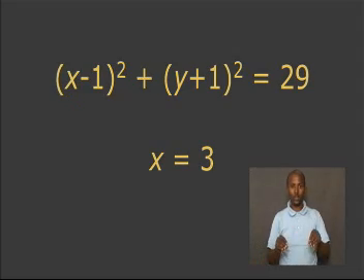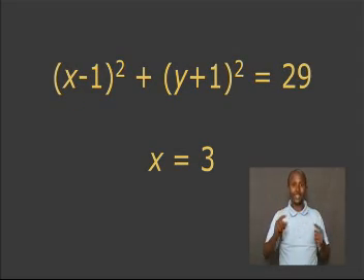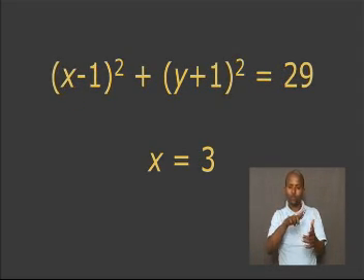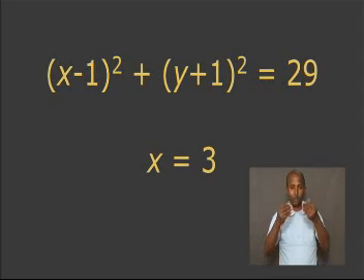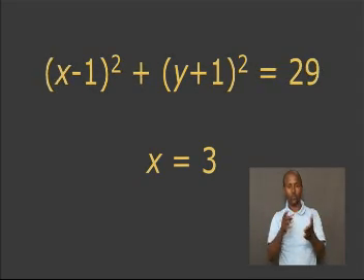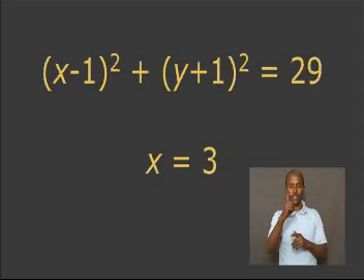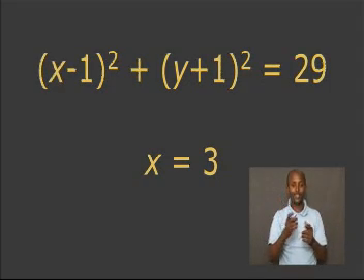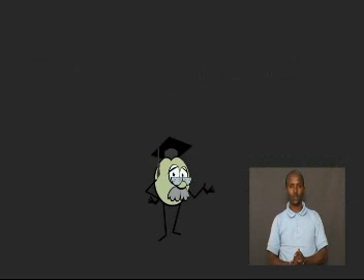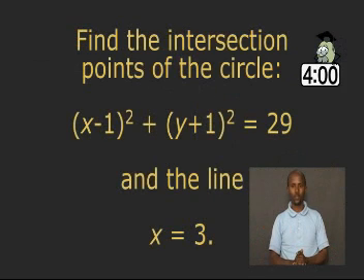Students, can you find the intersection points of the line and the circle? I will give you a hint. You have the value of the x-coordinate. So now you must solve for y. Students, let's get ready. Begin.